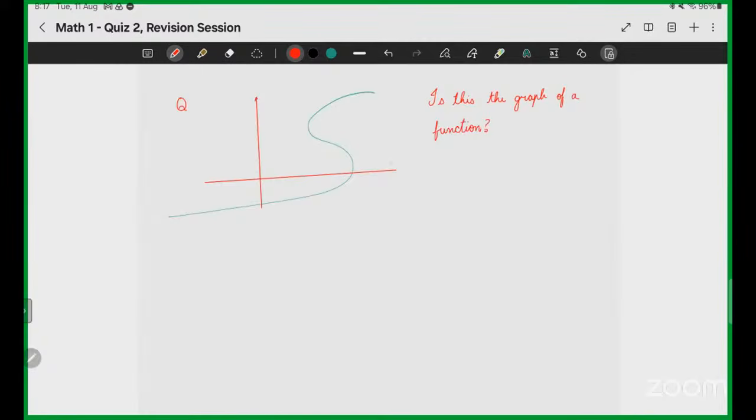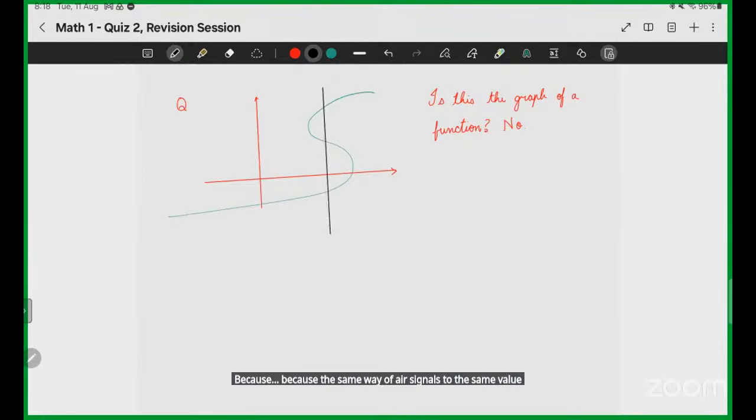What is the answer? No. The answer is no. And why is that? Vertical line test. Because for the same value of x, it has two different values of y. Yes, there is a line, even one line is enough.